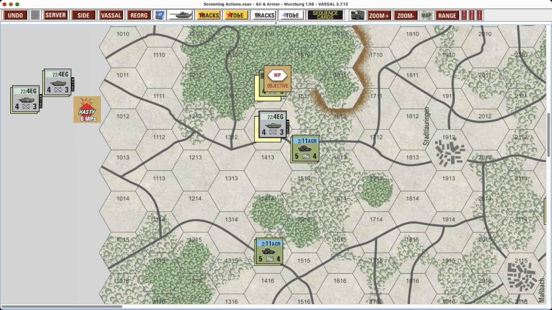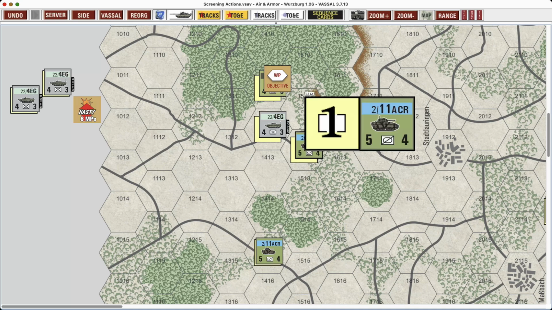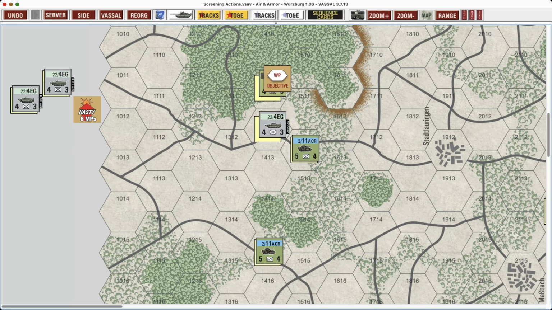Contact procedure is run. Everybody indicates what they have by way of steps, and then the NATO player declares that he is going to execute a screening operation with this armored cavalry unit, and it succeeds, halting the Warsaw Pact unit's movement and forcing this unit to bounce back a hex.